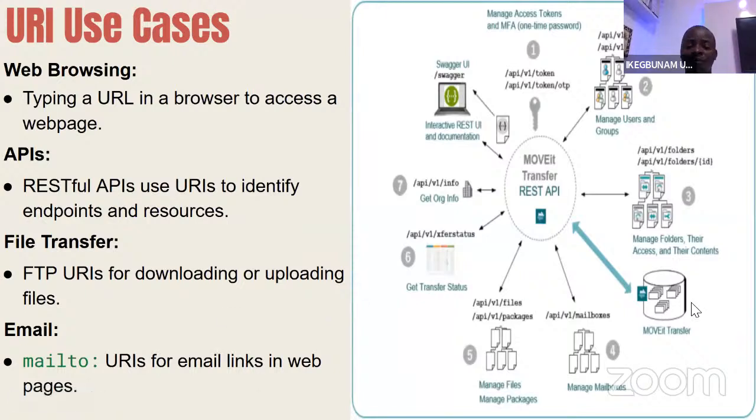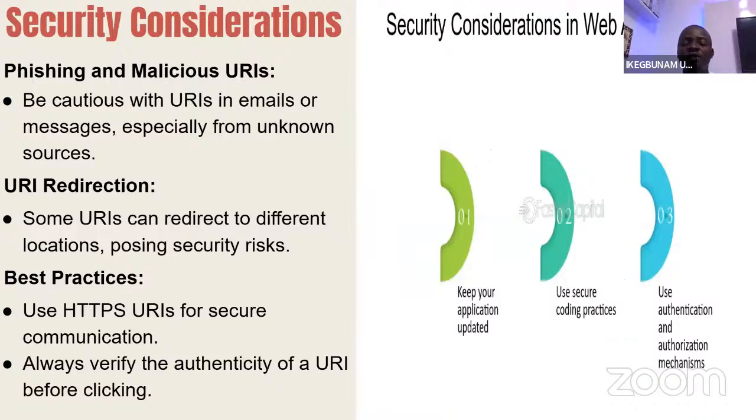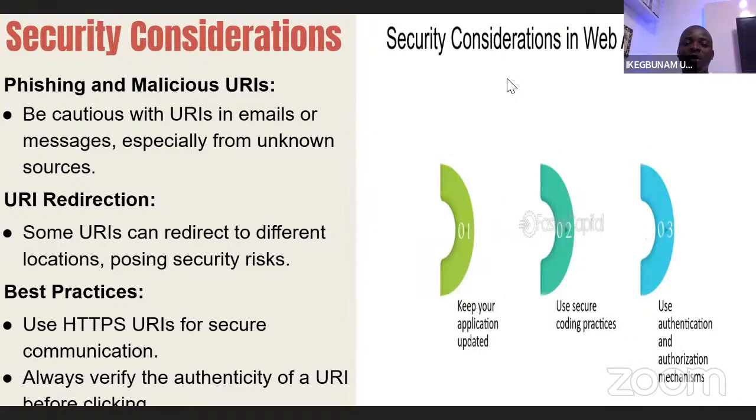For mailto, for mails: when you use an anchor tag with a mailto attribute, that refers you to your mailing app with the email address in the send field. So that is basically what mailto does.